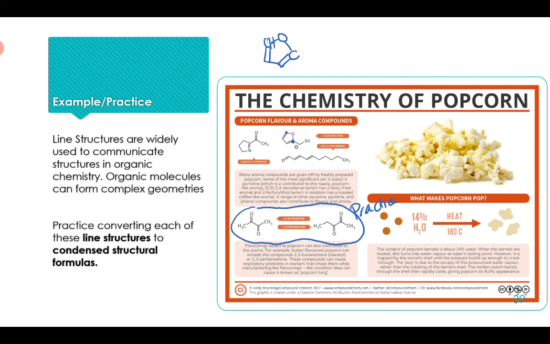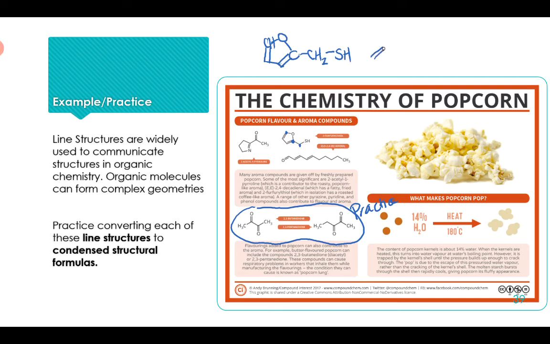This carbon here already has 4 bonds, so it has 0 hydrogens left. Then this one has 2 lines coming off of it, so it must have 2 hydrogens. 2 bonds to carbon, 2 hydrogens equals a full octet. And there we go.